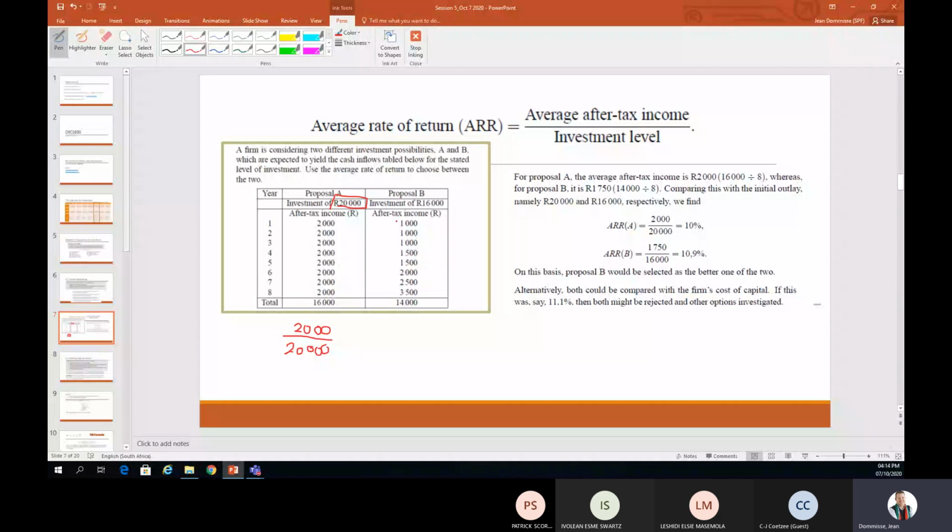With this one, you see it's 1,000, 1.5, 1.5, 2, 2.5, 3.5. So we can't just look at that and say the average is. So we first need to calculate the average. So we know there's 8 periods. So the 14,000 divided by 8 will give me my average that I will work with.